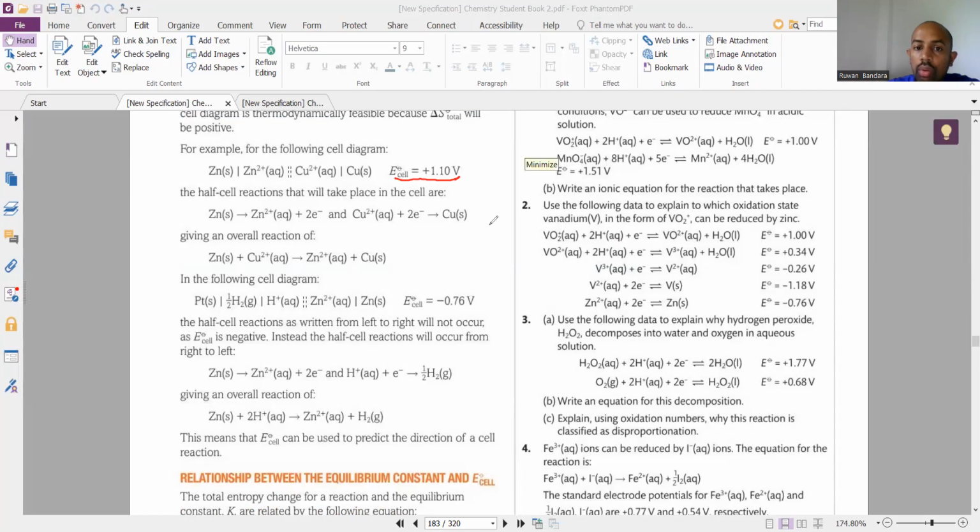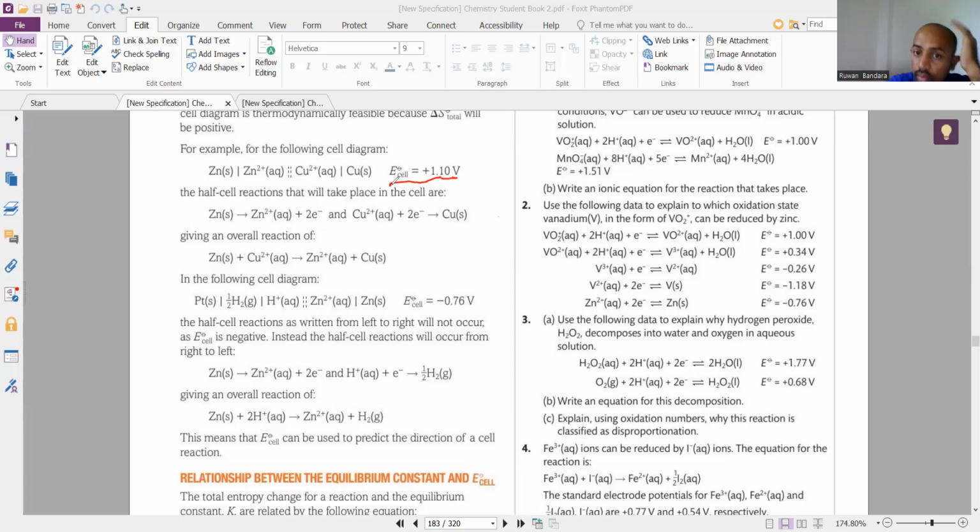Therefore, by looking at the E naught cell, we can consider that S total is also positive.